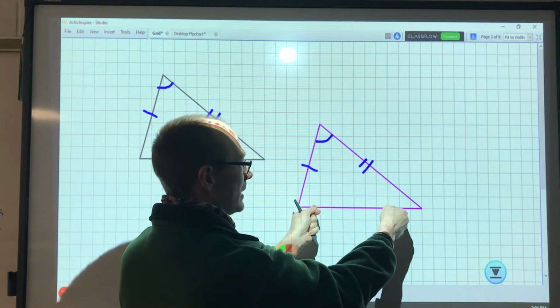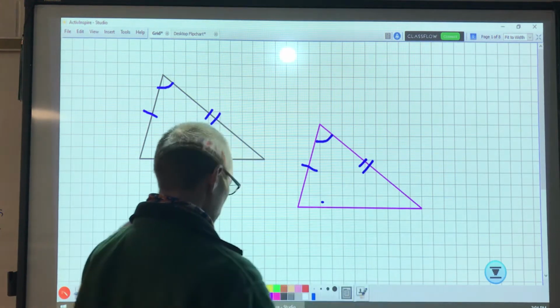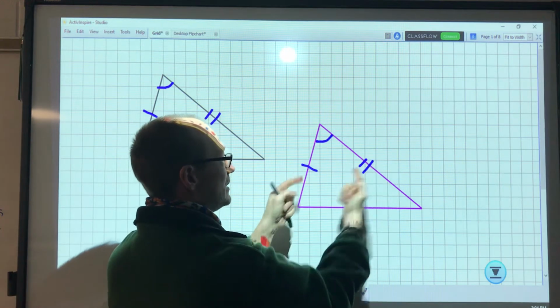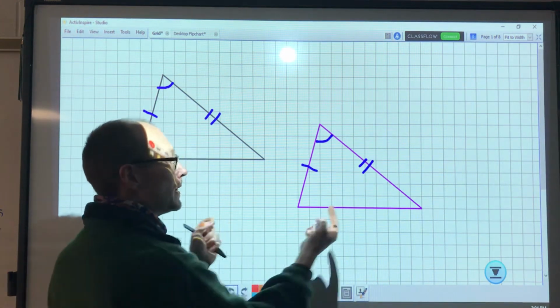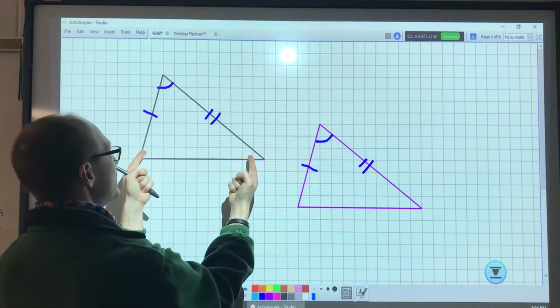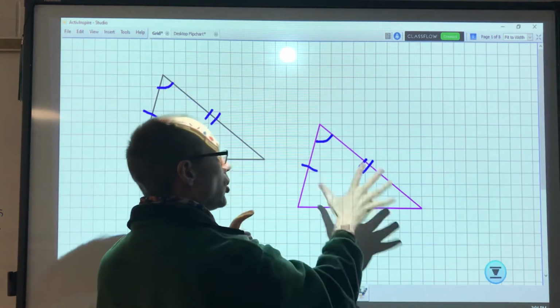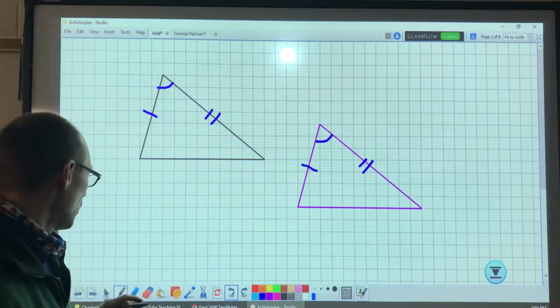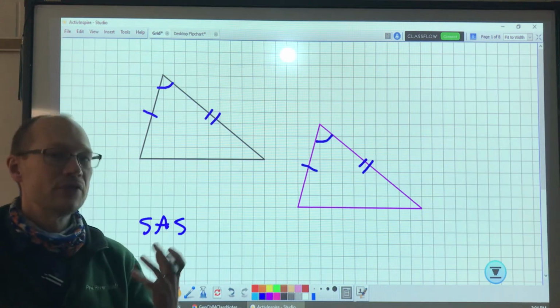If you try to bring the side down here to make it longer, these sides are going to be longer. If you try to make it shorter, there's no way for this side to be different than this side. There's no way for these angles right here to be different than these. These all have to be the same, which means that if you have a side, angle, side, then you're going to have congruent triangles.